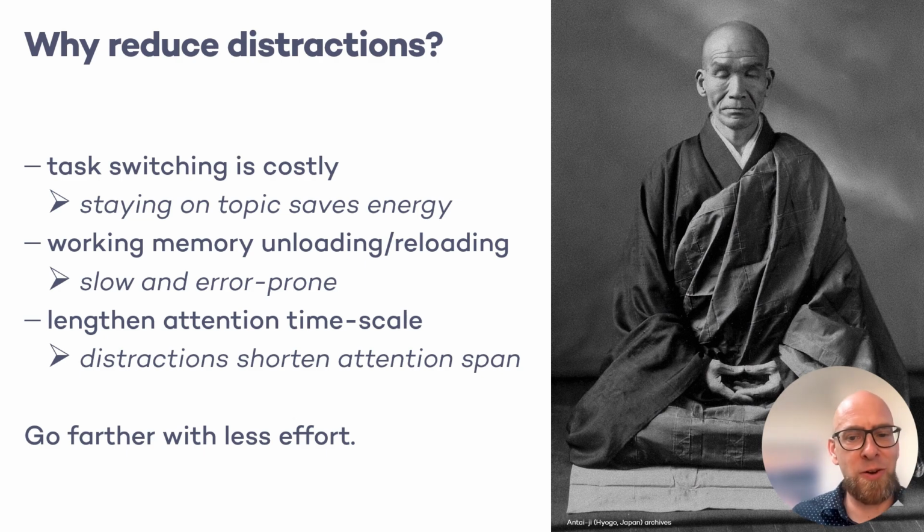And so staying longer on one topic is beneficial for keeping error rates low. And reducing distractions can lengthen our attention timescale, because distractions shorten the attention timescale. So in one phrase, we reduce distractions in order to go farther with less effort.